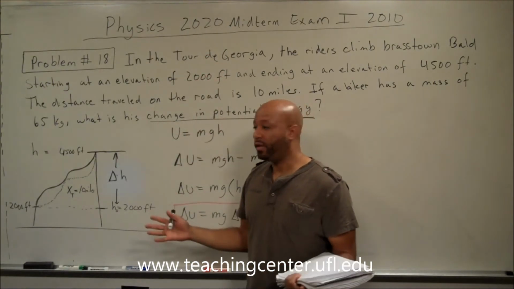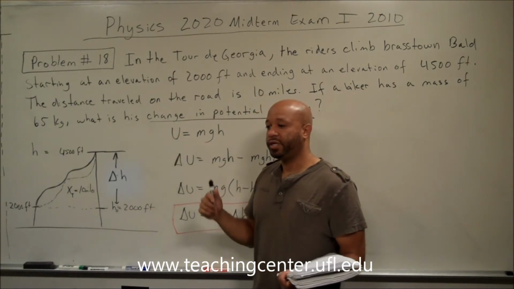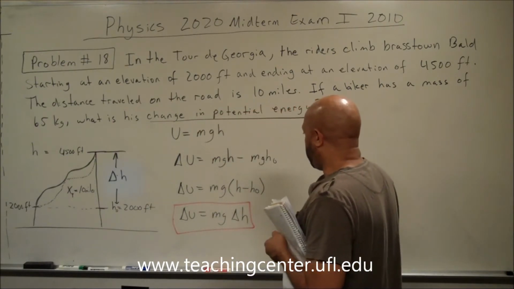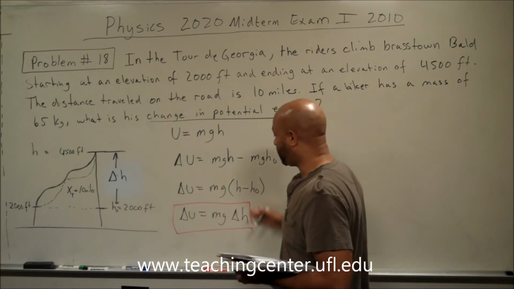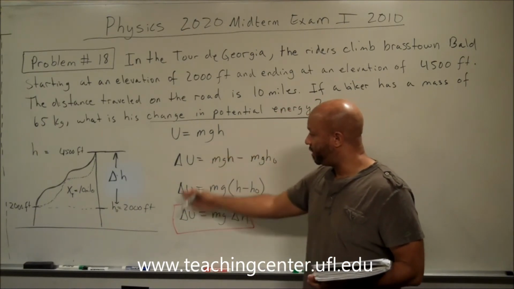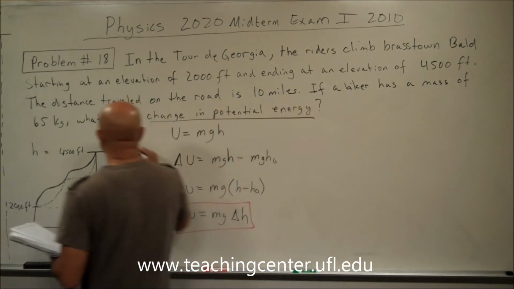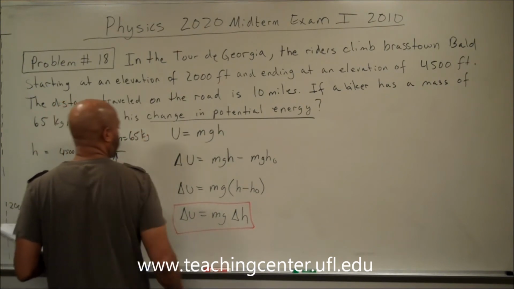It's independent of path, because potential energy is a state function. We can substitute the given information into our equation, knowing that the mass is 65 kilograms.